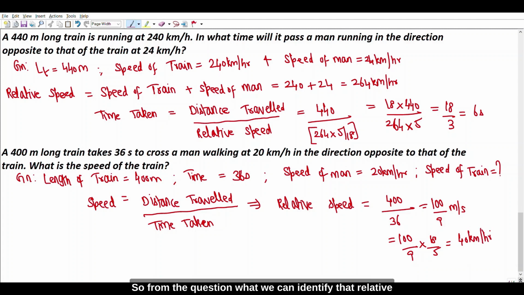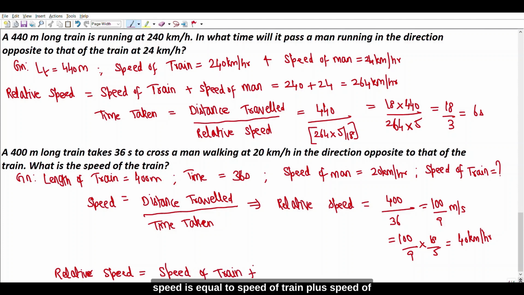So, from the question, we can identify that relative speed is equal to speed of train plus speed of man.